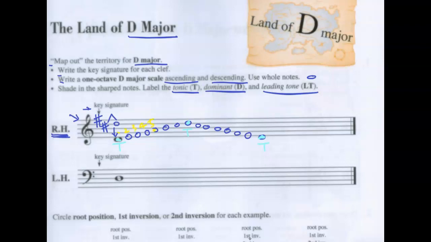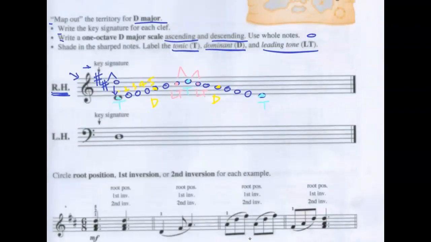Fifth note is dominant. A is dominant of D major. Okay. And then the leading tone is right below tonic. They are half step apart, right? Leading tone, LT. C sharp is leading tone of D major.